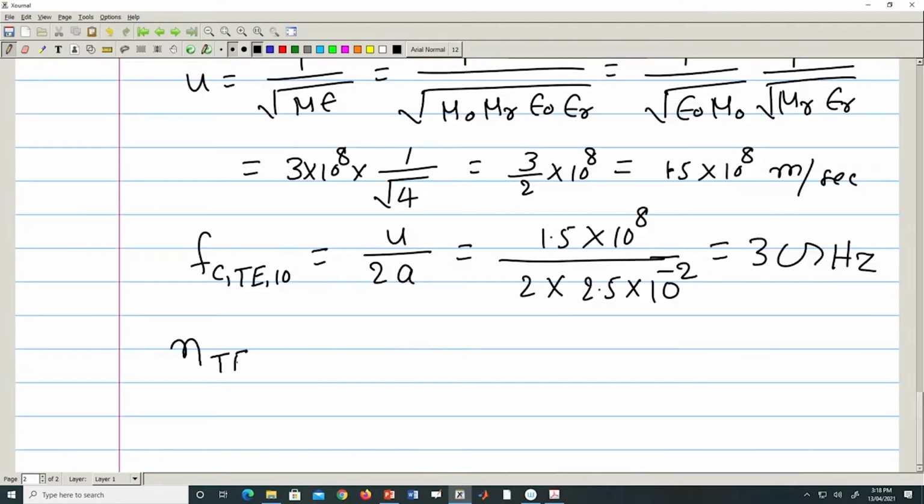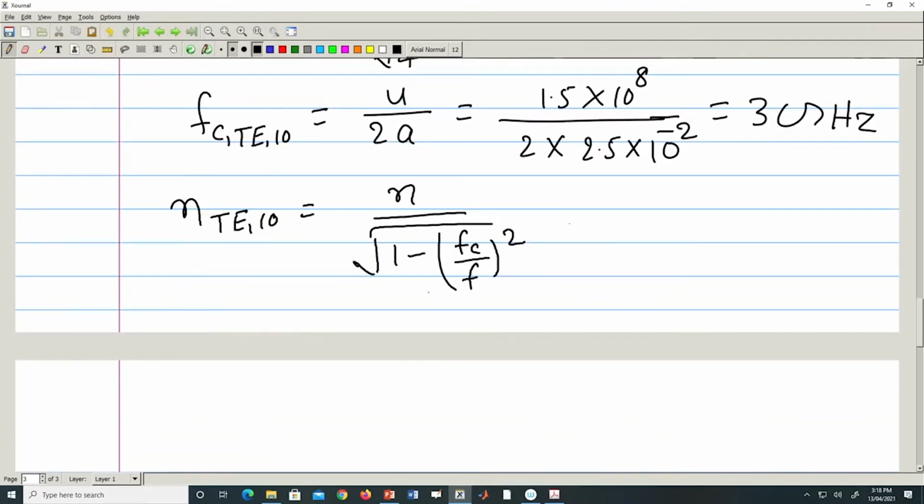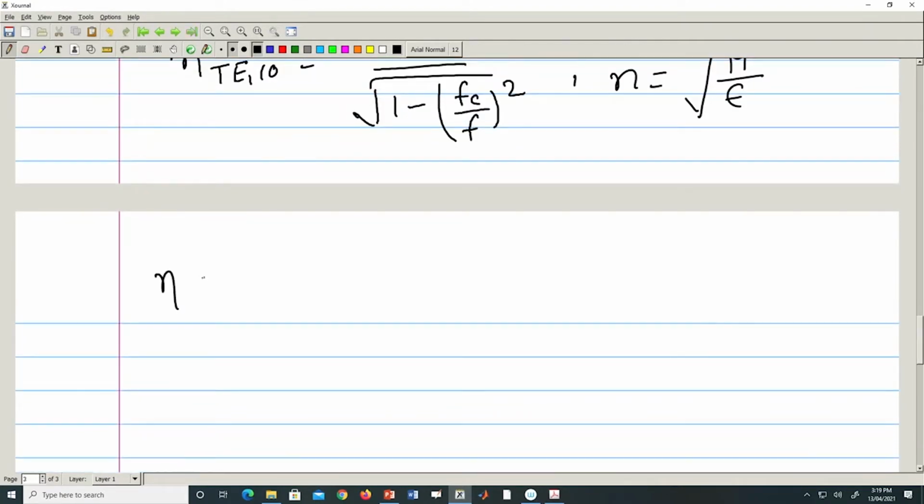We can see that in this expression eta is defined as the square root of mu by epsilon. So here eta will be the square root of mu naught mu r divided by epsilon naught epsilon r, which we can write as the square root of mu naught divided by epsilon naught, into the square root of mu r by epsilon r.